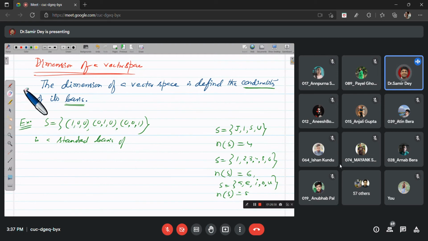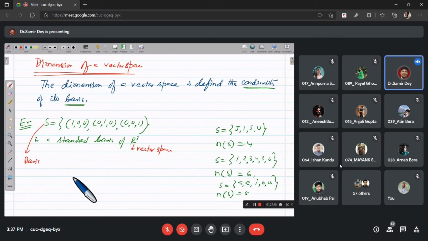Standard basis of R cube. Listen carefully. So here R cube is a vector space. Is it correct or wrong? And this S is a basis.